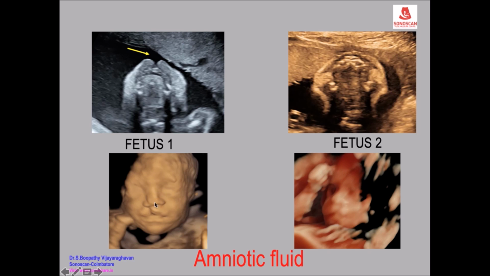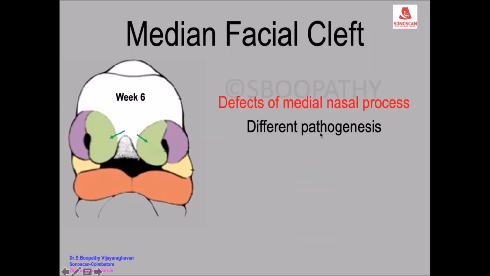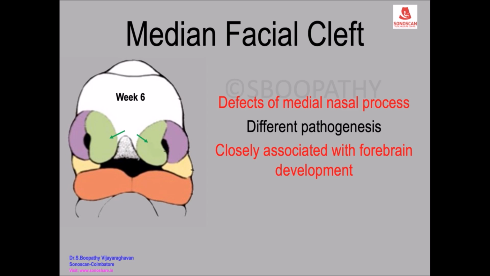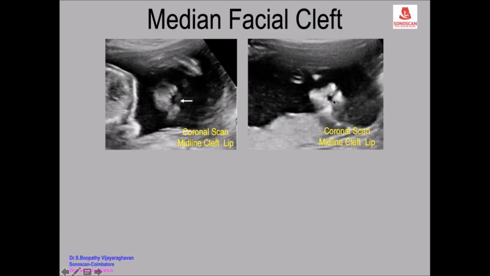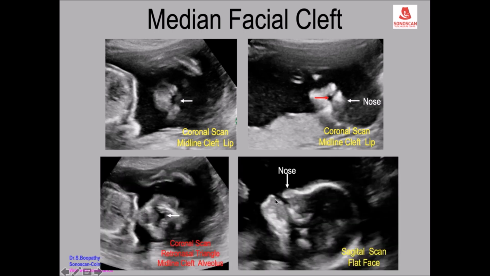So 3D, the pathogenesis is different compared to the previous clefts we saw, and it is closely associated with forebrain development. So this is the coronal scan, and in the alveolus also you don't see the alveolus, so that is the median, midline cleft of the upper lip. So this is important, because you may mistake it as bilateral cleft.